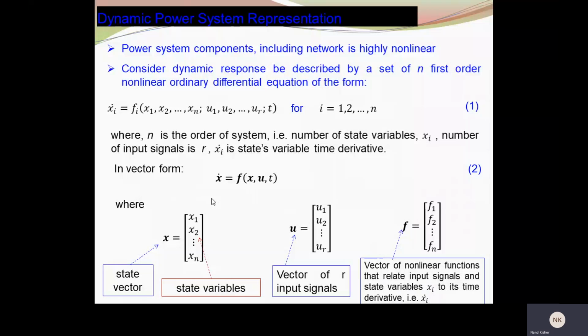These state variables can be a set of the minimum number of dynamic variables, along with the input variables, to provide the system behavior. So you may have a minimum number of state variables, along with the static quantities and the input quantities, so that the system dynamics can be represented accurately.